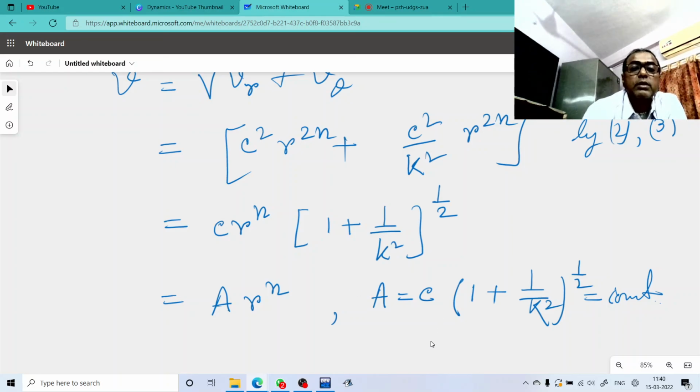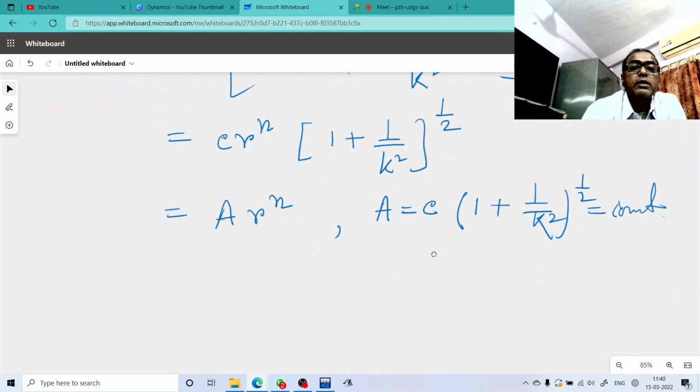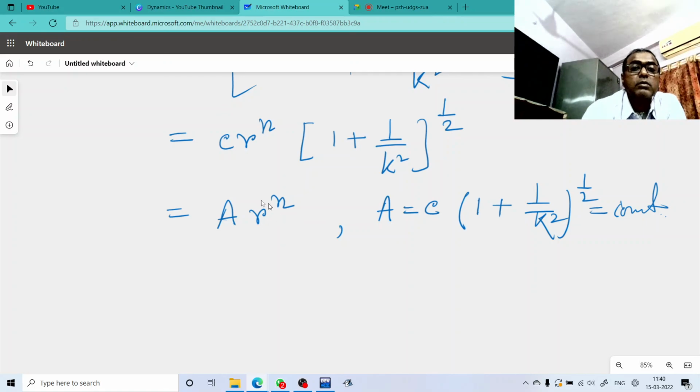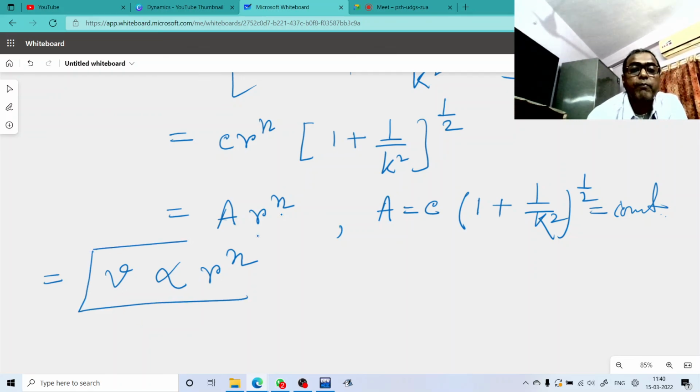Therefore, the velocity is equal to A r to the power n, and hence the velocity v is proportional to r to the power n, and hence the result.